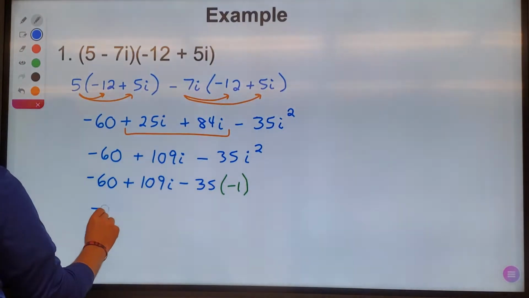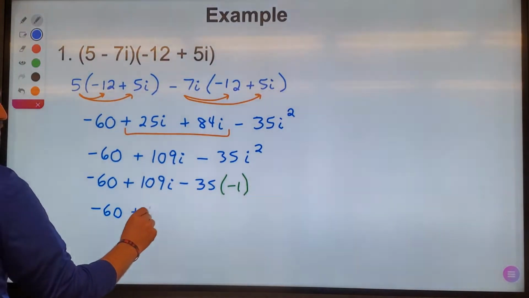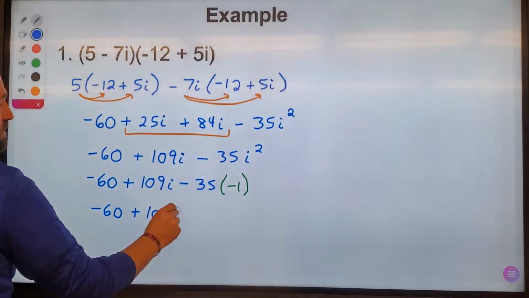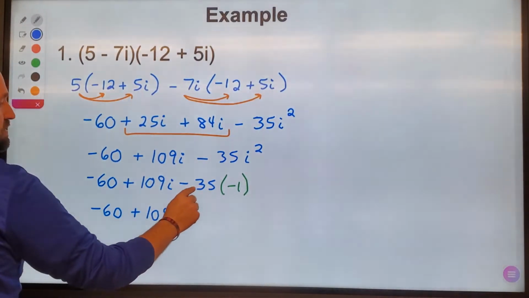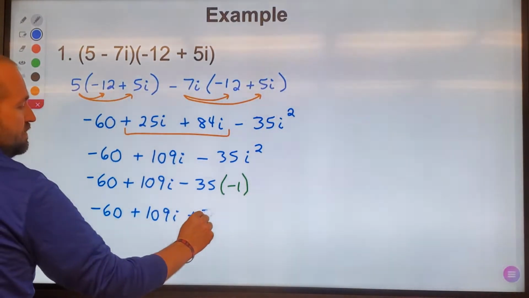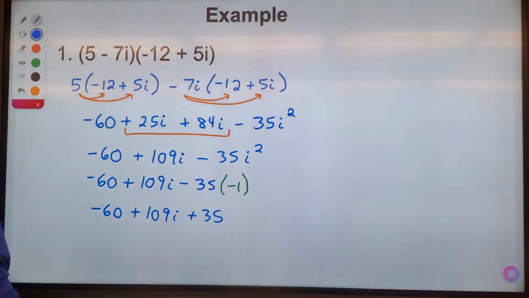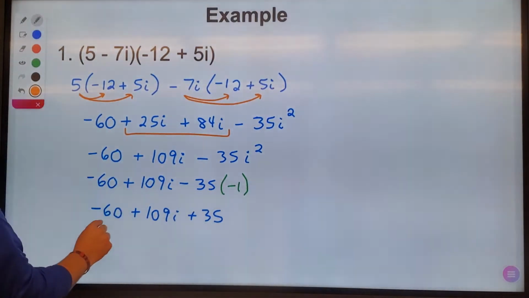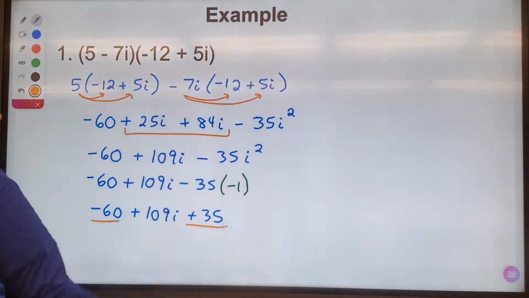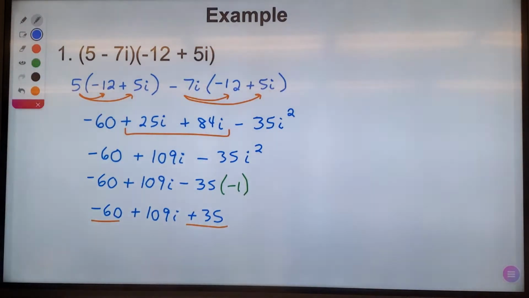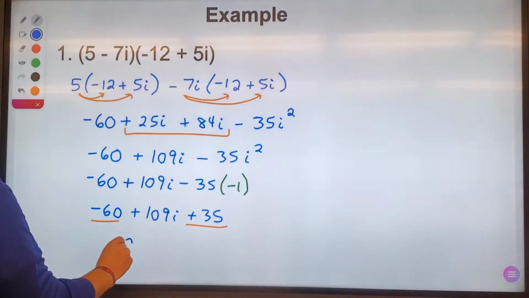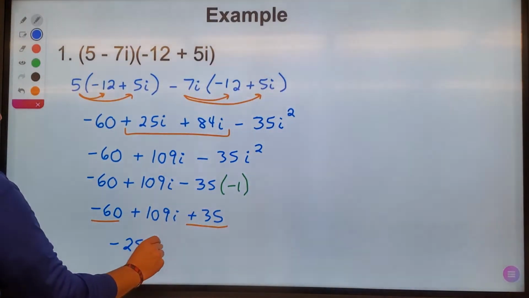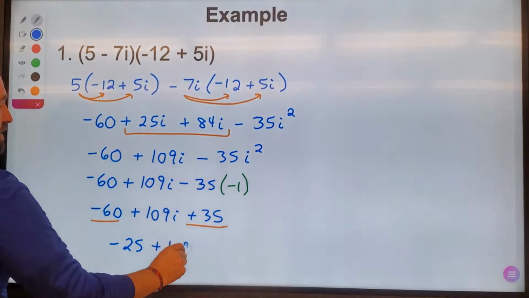So that gives me negative 60 plus 109i plus, because it's negative 1 times negative 35. And then again, now I have two like terms. Negative 60 and 35 are like terms. So combine those. So negative 60 plus 35 is negative 25 plus the 109i.